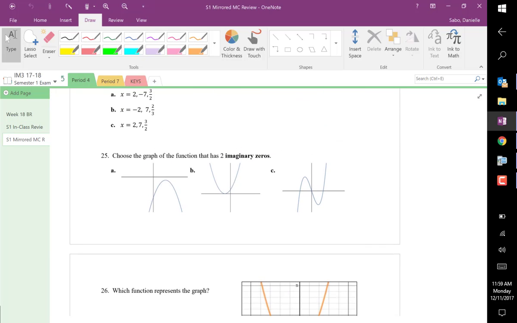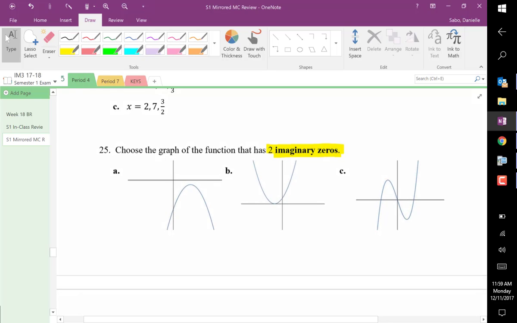Okay, 25. For it to be imaginary, and if you look at my key, I put a lot of details on there for you to understand why. Imaginary numbers don't exist. You can't see them crossing the x-axis. So which one can't you see crossing? A. So highlight that. Make sure you understand. There's 2 questions like that on the exam. It's imaginary. It does not cross.